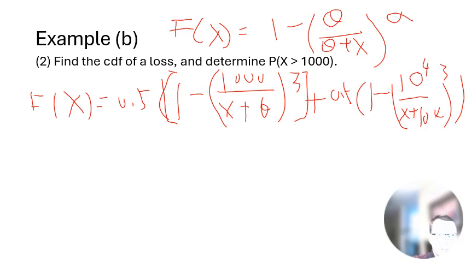Now we can further consolidate it to be 1 minus this list item. I'm not going to write it again.